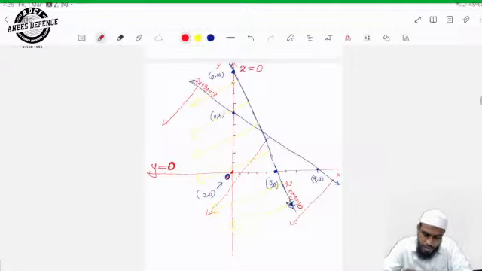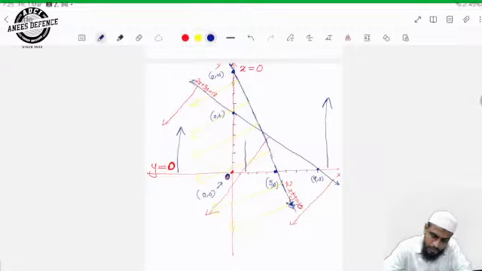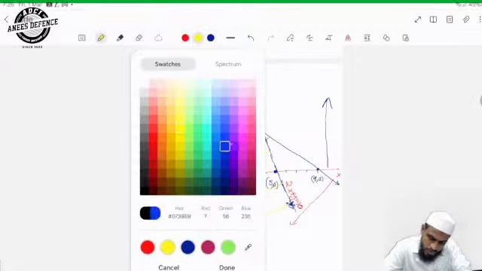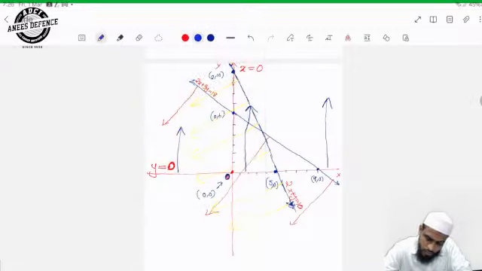So y greater than 0, the area of interest will be upward direction. X greater than 0 means our area of interest will be in this direction.